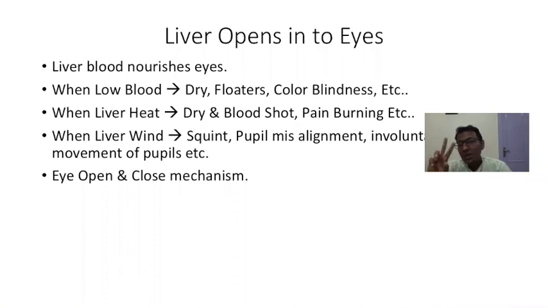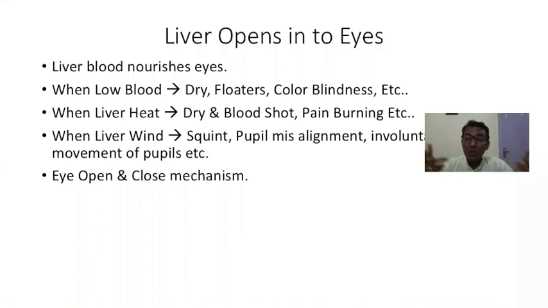Let's imagine one eyeball has moved like this. It is because there is not enough muscular strength to hold the eye. It has become weak, so it has moved. Once again, the muscles are controlled by the liver, and eyes are also controlled by the liver. So I have to treat the liver.